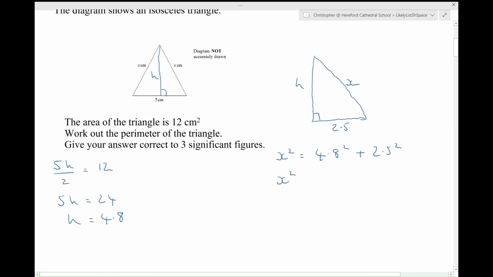So that tells me that x squared is 29.29 and so on. And if I square root that, then x is equal to 5.41. Okay, now I need the perimeter of the triangle.